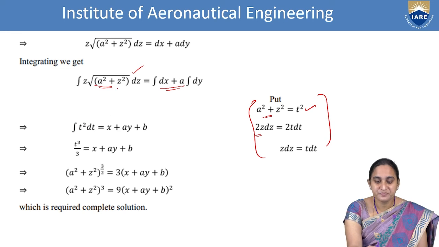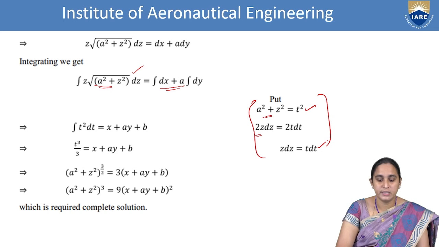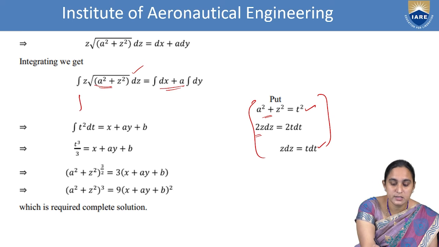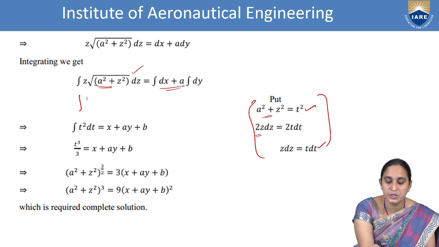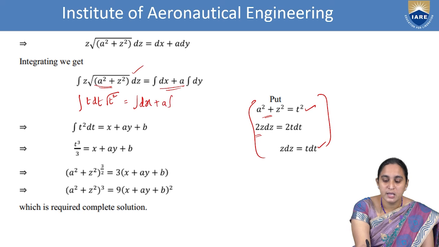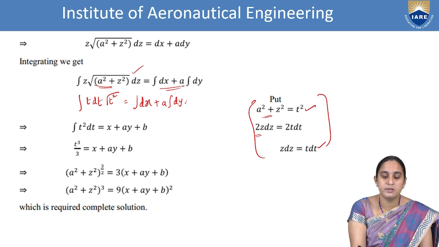Integration of what is z into dz? Z into dz is t into dt, right? And what about root a square plus z square, that is root t square. Here I'll write that step: z into dz as t into dt, and root a square plus z square is root t square, is equal to integration of dx plus a into integration of dy.